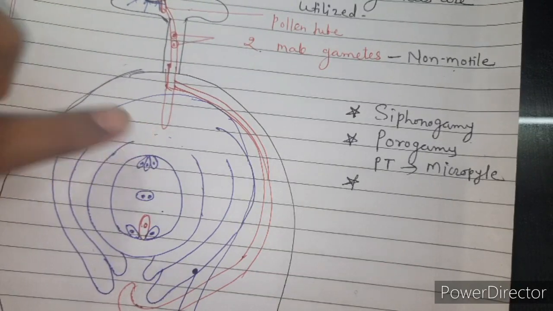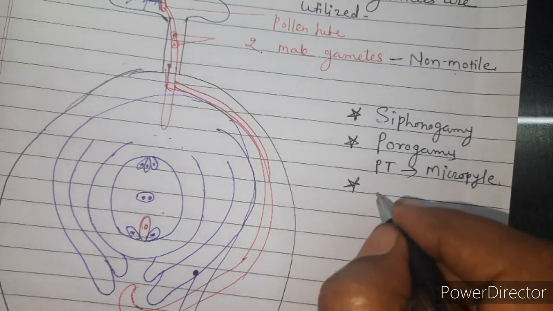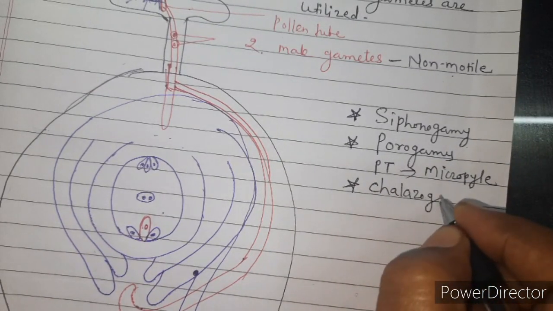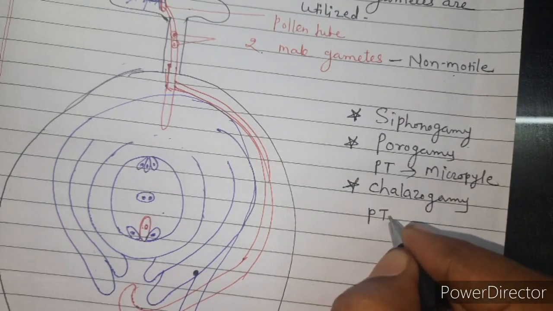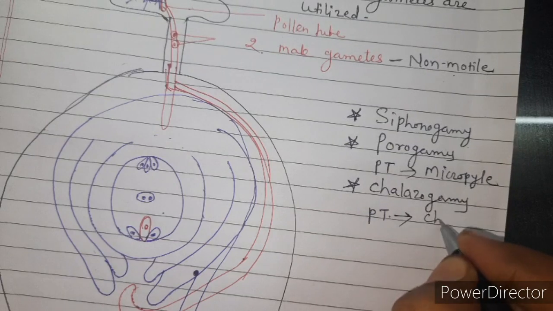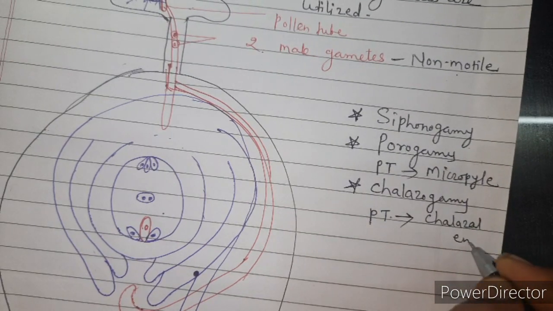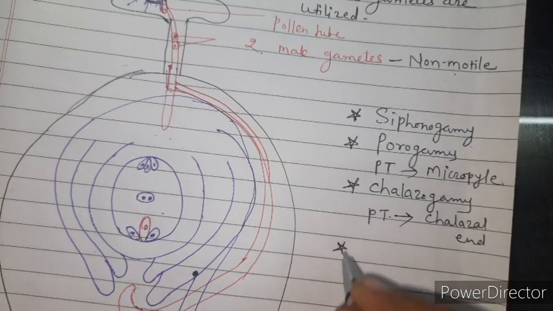This process is called chalazogamy. So, what is chalazogamy? It is the entry of the pollen tube directly through the chalazal end. This is chalazogamy. Then a third condition is also there.